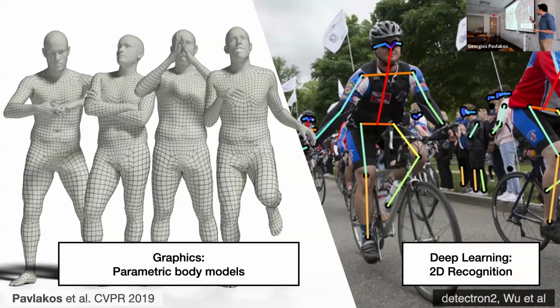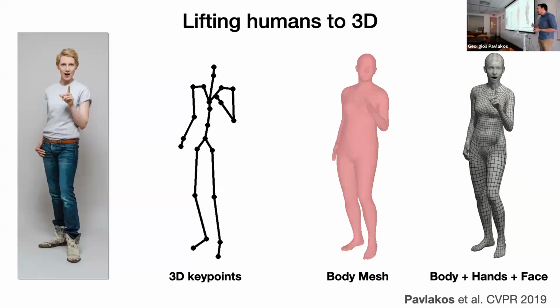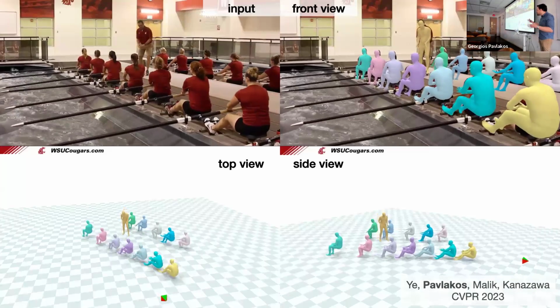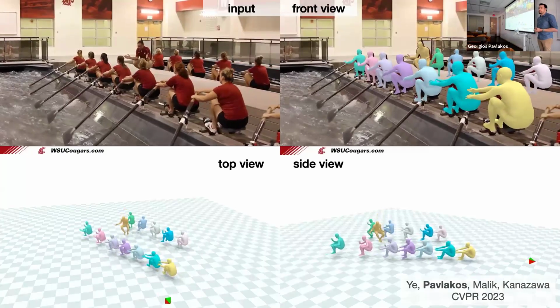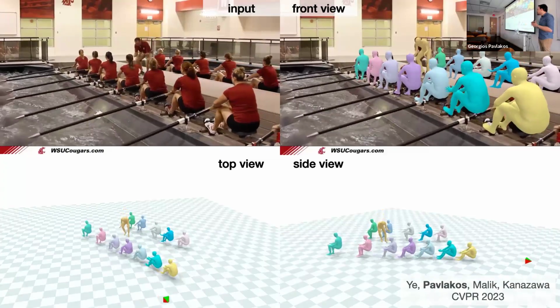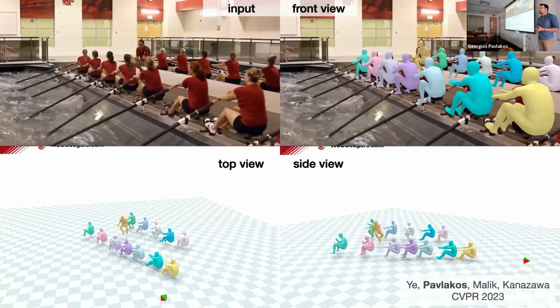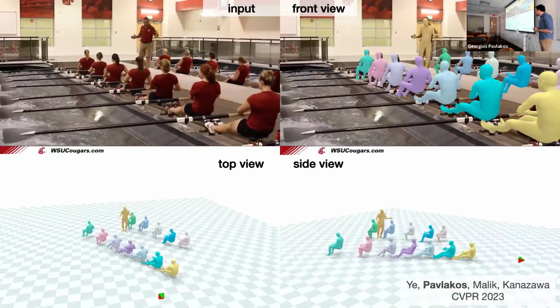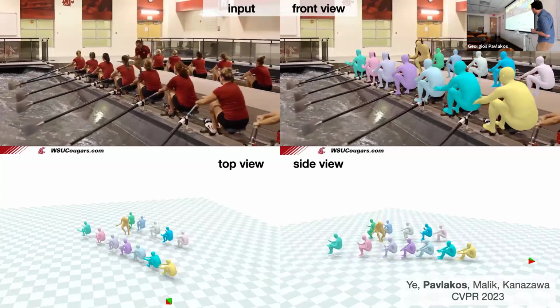I will give you two different versions of this problem. One is recovering the articulated pose of a person from a single image, getting a 3D pose from just a single image. The second is recovering the full motion of all the people in a scene from a video, a 4D reconstruction that is coherent and consistent in the output.